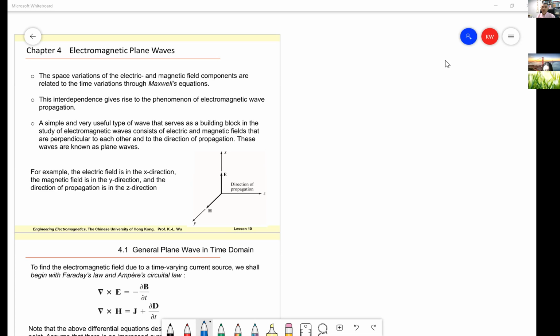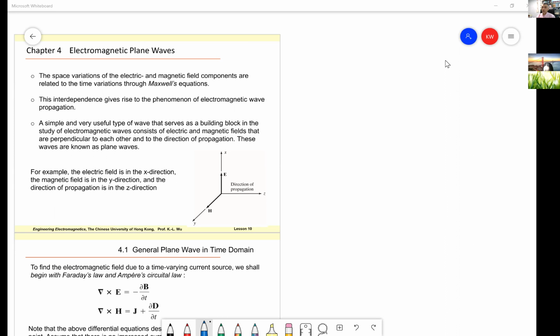And the same goes for the problem of electromagnetic wave propagation down the street in Central. That is also a very complex problem, right?